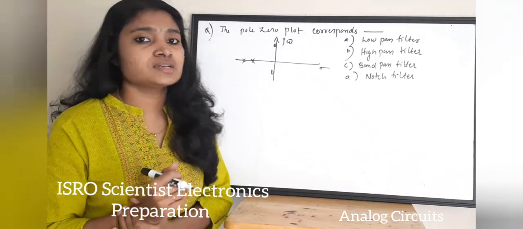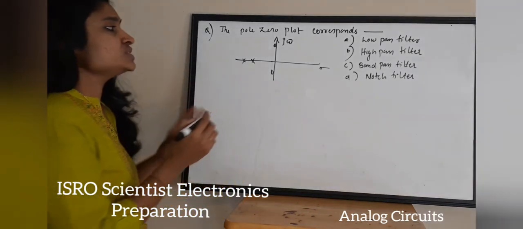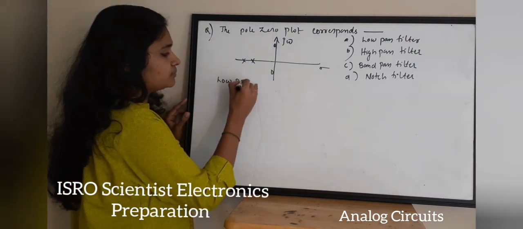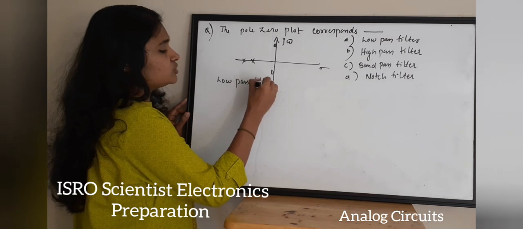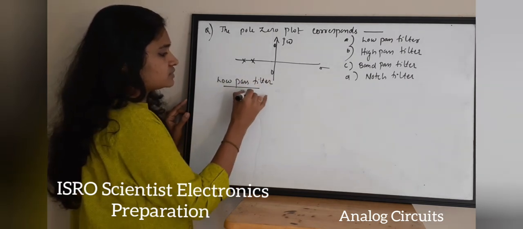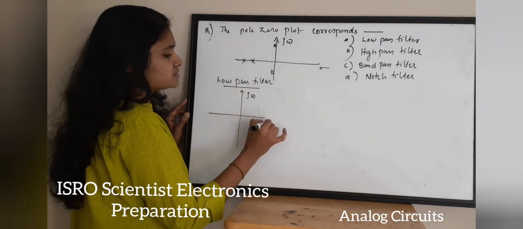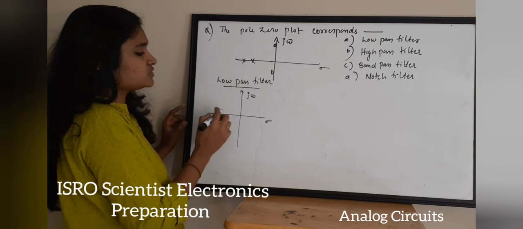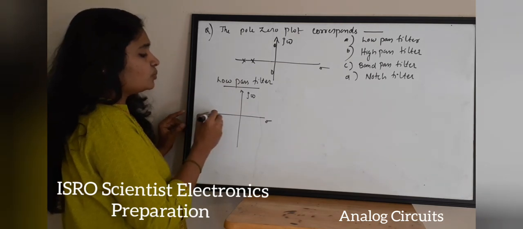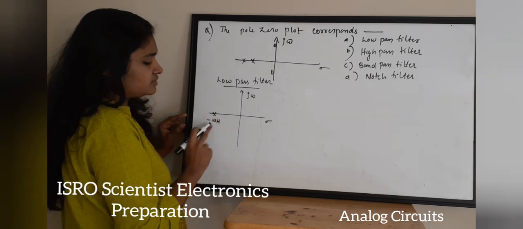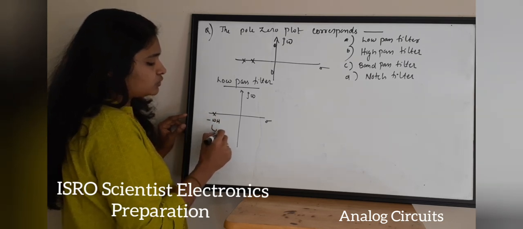Such types of filters are low pass filters. And if you see the pole zero plot of a low pass filter, it will be like this. There is an imaginary axis, there is a real axis, and the pole zero plot for a low pass filter will have a pole value of minus omega h, where this is the upper cutoff frequency.